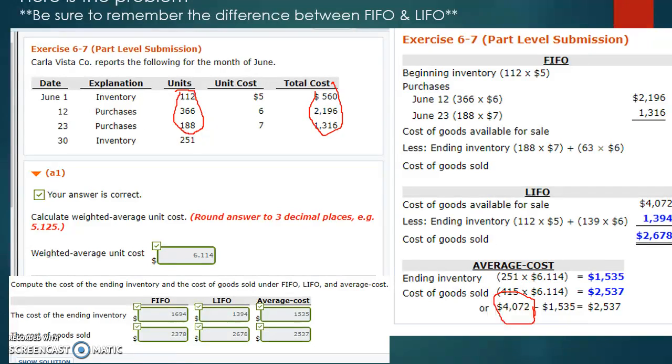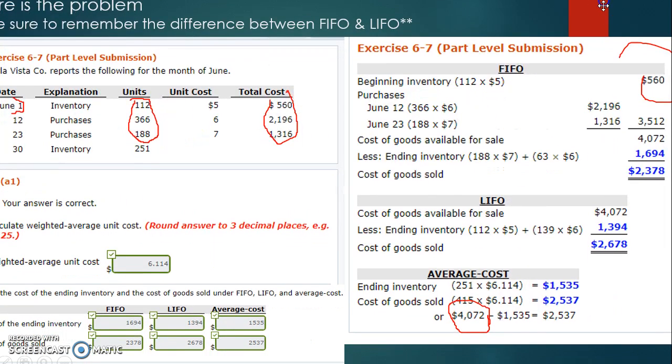The earliest goods we have here are on June 1st. The inventory was 112, and we multiply 112 by the unit cost of 5, which gives us 560. Then we do the same for June 12, multiplying by 6, and for June 23, which gives us this amount. So this is the total amount.